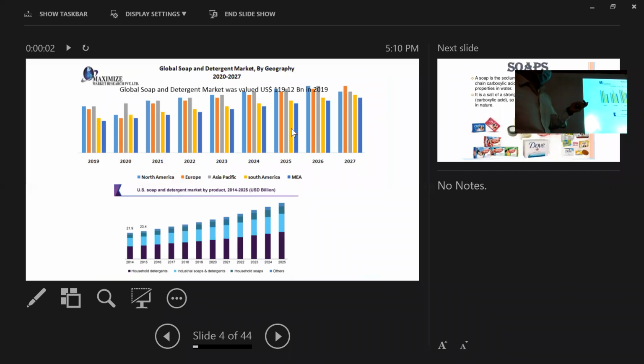Here, the global soap and detergent market was valued at US $119.12 billion in 2019, across North America, Europe, Asia Pacific, and South America, and the soap and detergent market by product from 2014 to 2025 is expected to grow. But I guess this data was not predicted in this range, as right now we are using more and more soaps compared to any previous time.